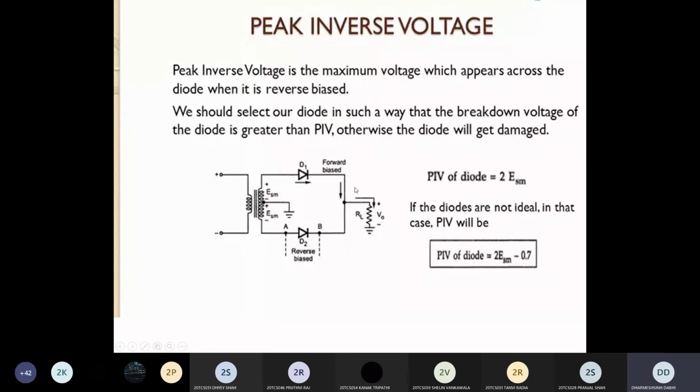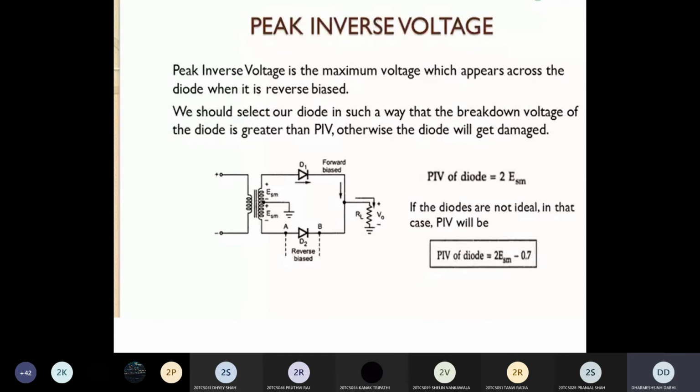It means in the full wave rectifier circuit we require each diode with a voltage rating of 2 times the supply voltage. Suppose the supply voltage is 100 volt, we require a diode of voltage rating 200 volt, whereas in the half wave rectifier, if your supply voltage is 100 volt, then you require a diode of voltage rating only 100 volt, the same as the supply. But in the full wave rectifier, you require a diode voltage rating of 2 times the supply voltage.